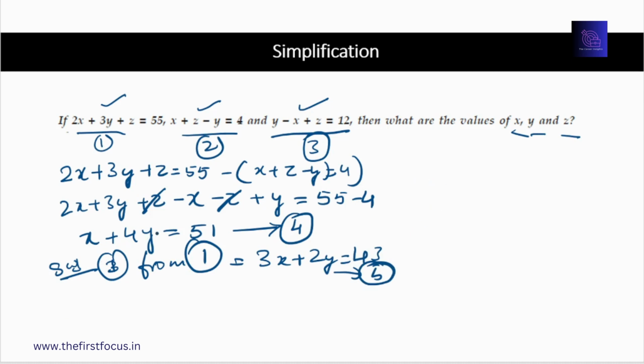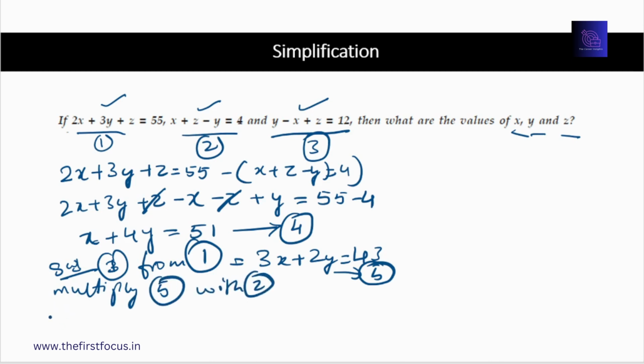Now the next step, I need to find the value of x using equation 4 and 5. So first I need to cancel this y. So I'll multiply equation 5 with 2.